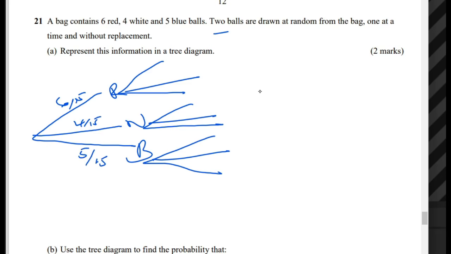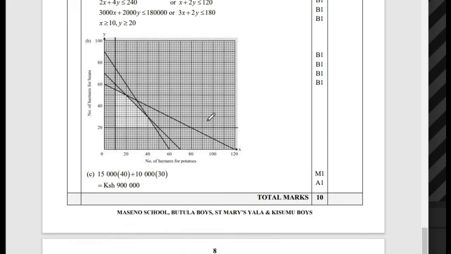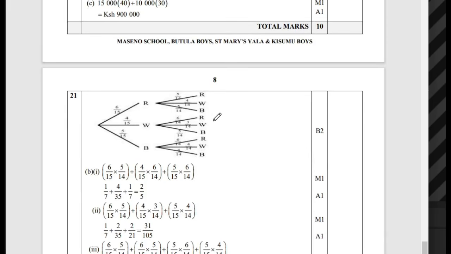Since there's no returning, this one will be 5 over 14, 4 over 14, 5 over 14, like that to the end. That is the tree diagram for that.